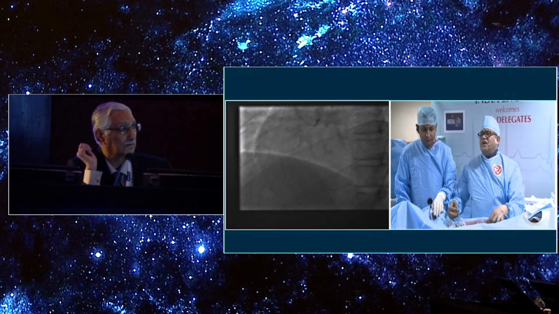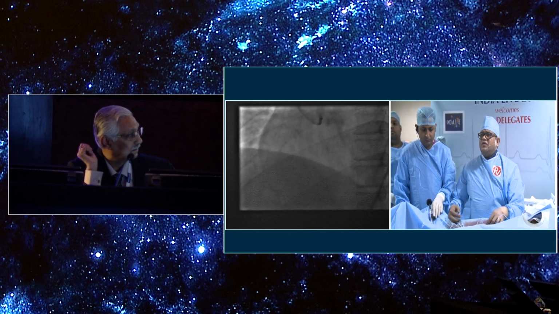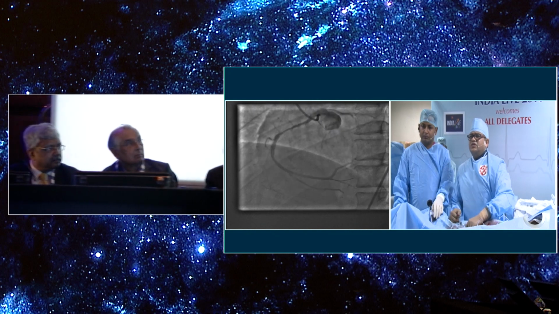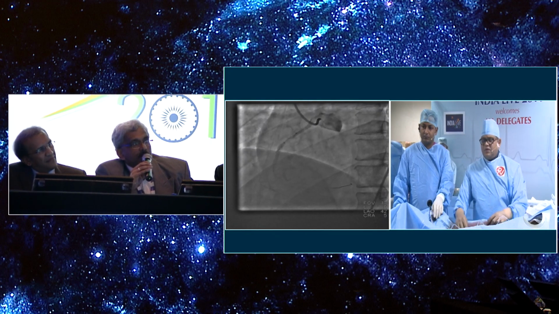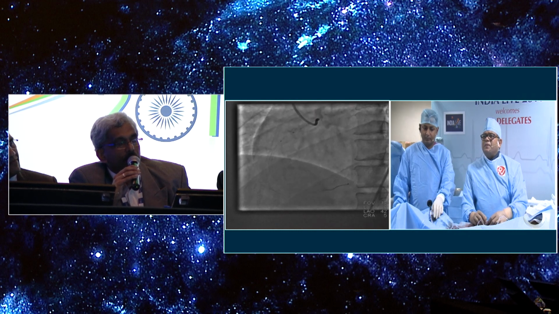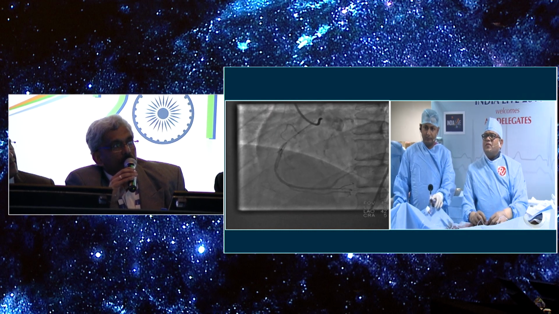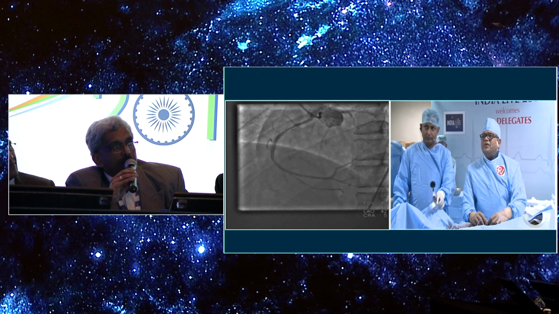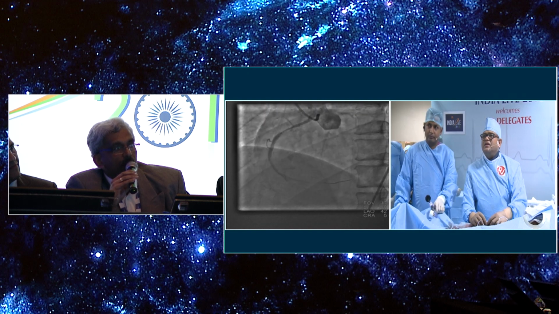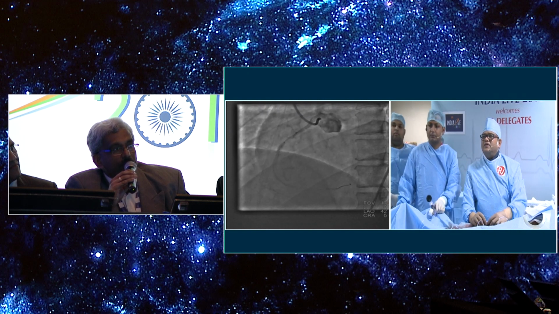Well, we published this paper in the Indian Heart Journal a year ago. There was a question about what guide I would use. So I agree with you. If the right is coming very close to the left coronary, like type A or B, which you showed, I think a JL 3 or 3.5 is great.